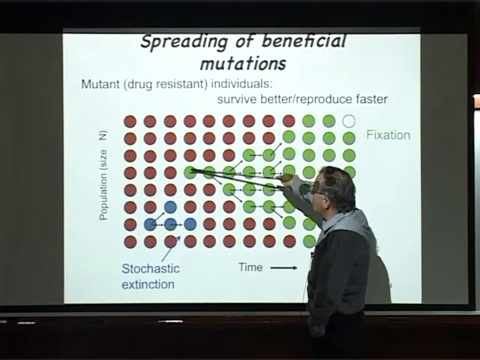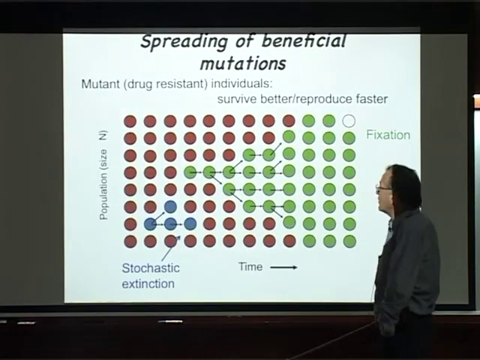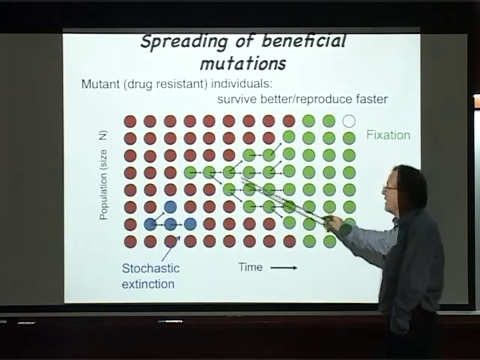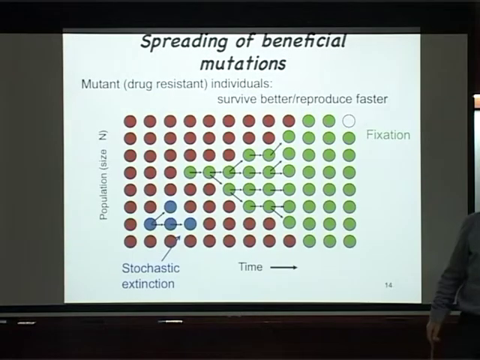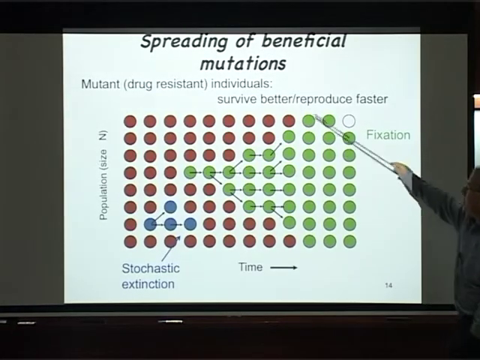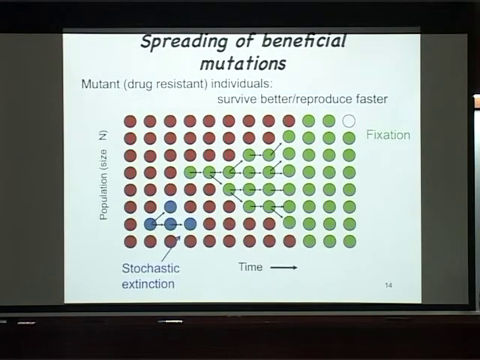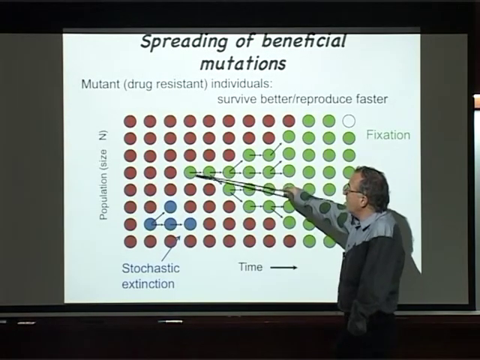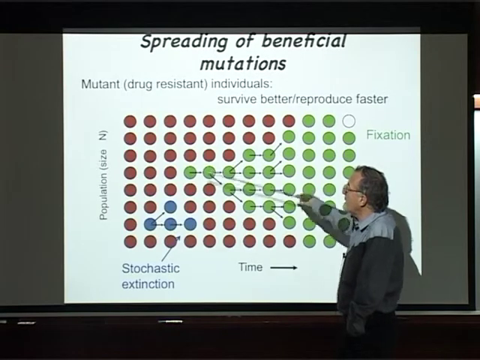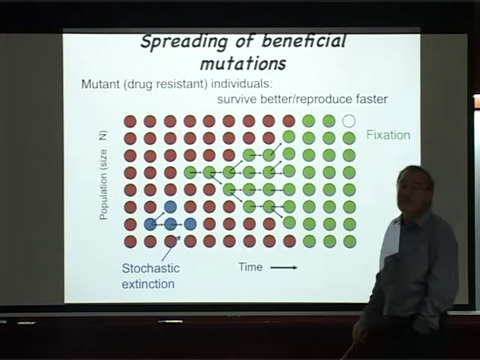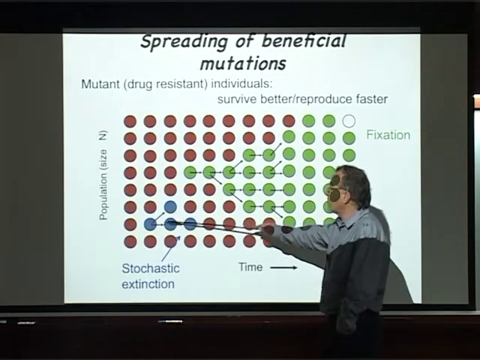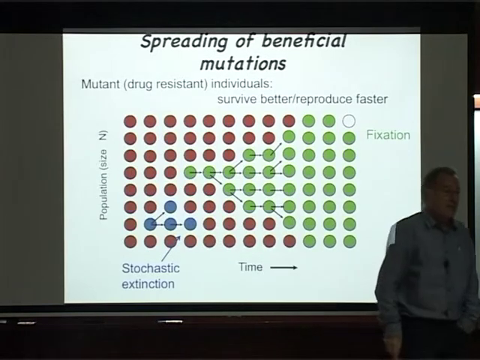But then one of them acquired a beneficial mutation, and it started growing on average more rapidly than its brethren, and eventually it took over the population. Of course, even beneficial mutations are not guaranteed to succeed, because just by chance they can become extinct.